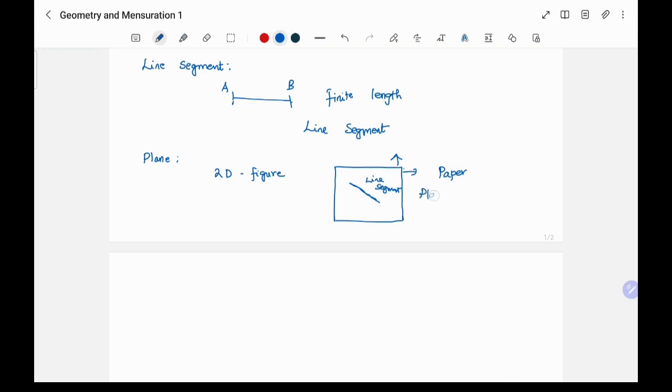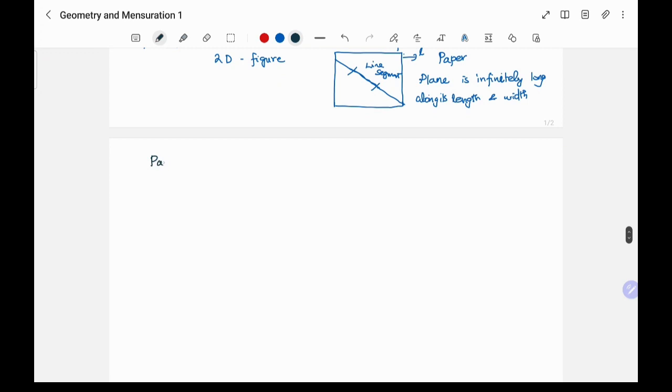So the plane is infinitely long in both directions. Actually, it is in any direction, but since we are considering it as length and width, let's say along its length and width. So then a line also can be infinitely long, and you take a part of it, a segment of it, you call it a line segment.